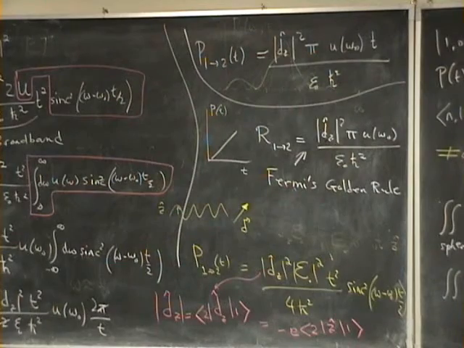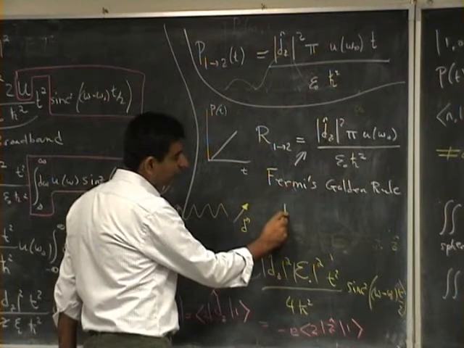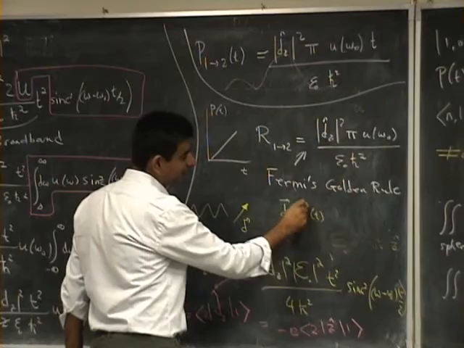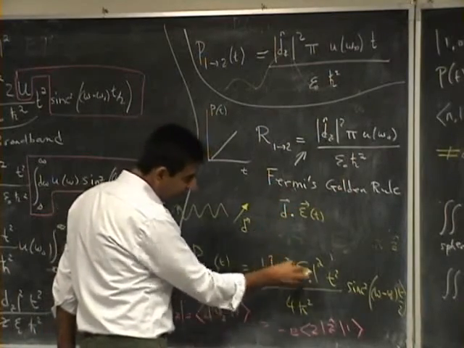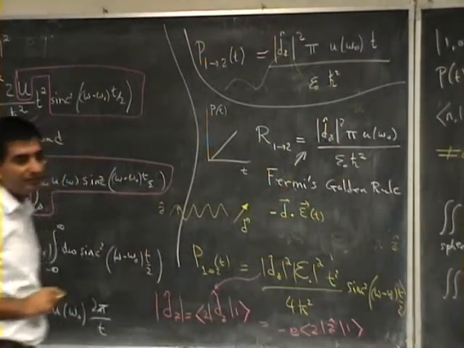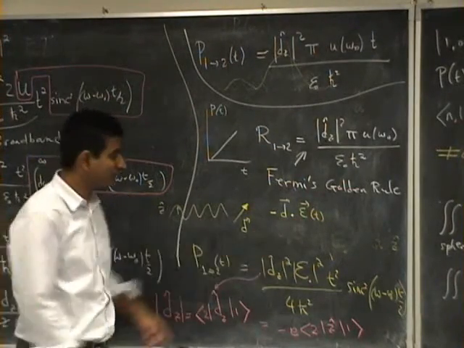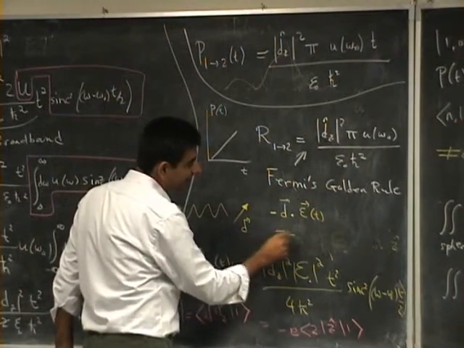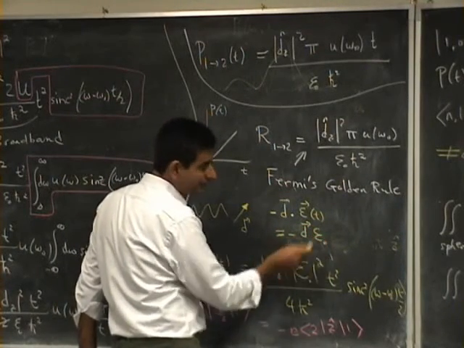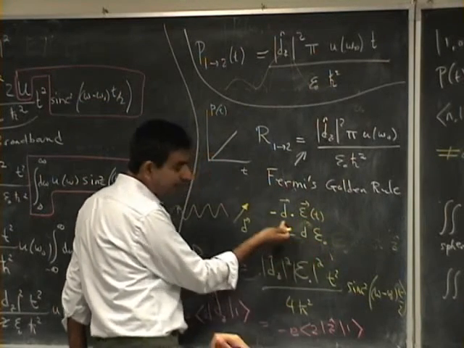So what we really need to take into account, this term is just the dot product of d with the electric field, modulus squared, right? So inside the modulus squared we have this, with of course a minus sign as well. Okay. Now this is always polarized along the z-axis. So this term is really minus d operator E naught, right, along some direction, minus d, the length of the dipole operator.